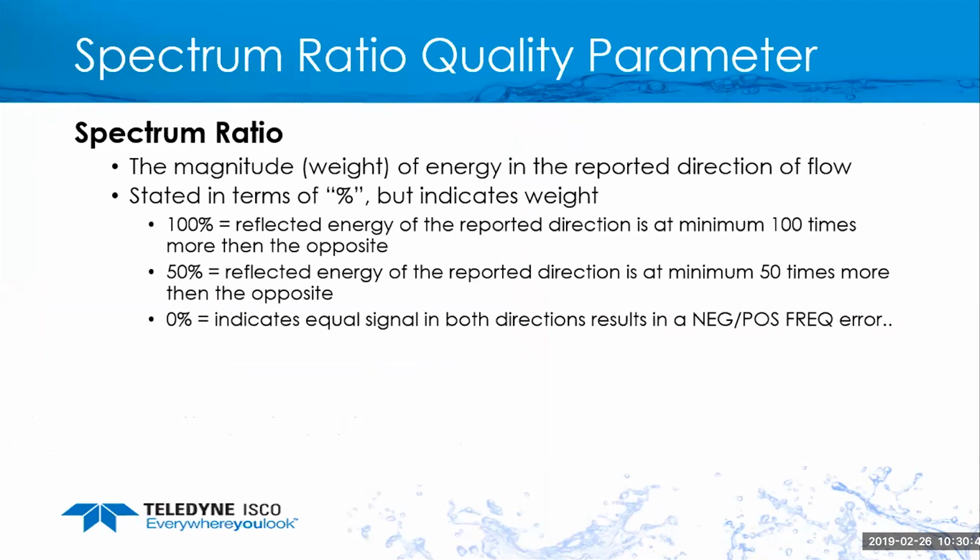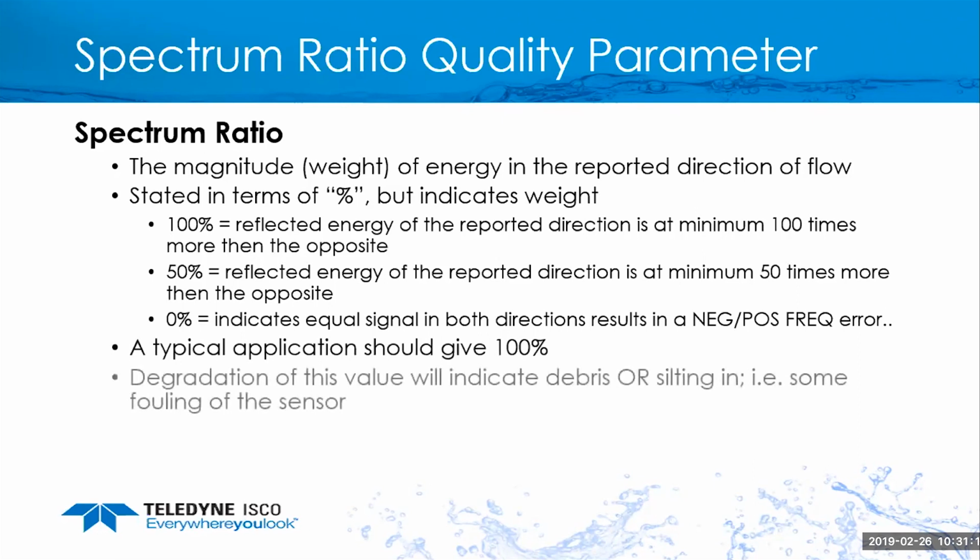That's looking at all the water coming directly at the sensor, so 100% is what you want to see here. If we start getting down to 50%, it indicates that the reflected energy in the reported direction is at a minimum 50 times more than the opposite. And if it's down to 0%, it indicates that it's seeing equal positive and negative velocity all at the same time.